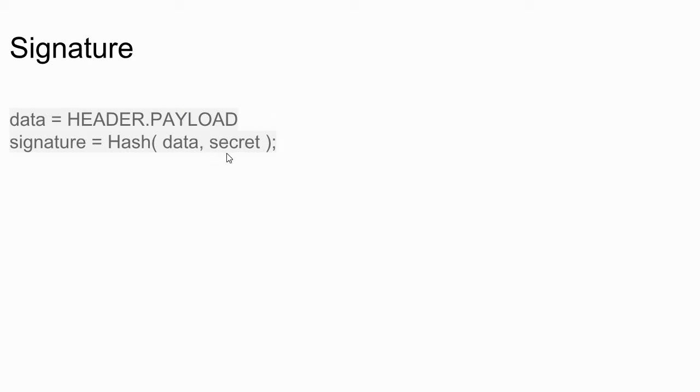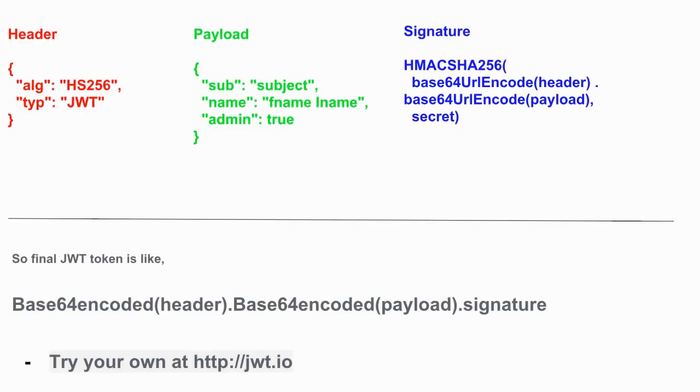What this algorithm does is it joins the header and payload together with the period sign. To get the JWT signature, the data string is hashed with the secret key using the hashing algorithm. The signature secret key is held by the server, so it will be able to verify existing tokens.